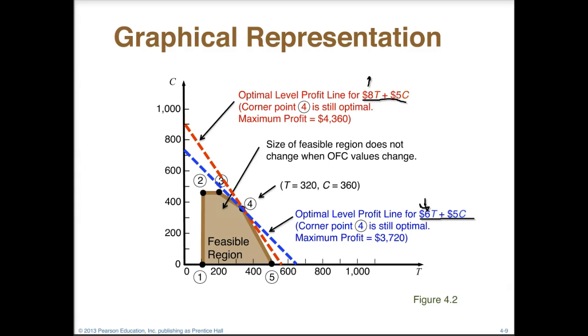You see in these instances, because the change is relatively small, we still have the same solution. So a change of only $1 up or $1 down in profit doesn't really change the optimum solution that much. That is what this is trying to show.